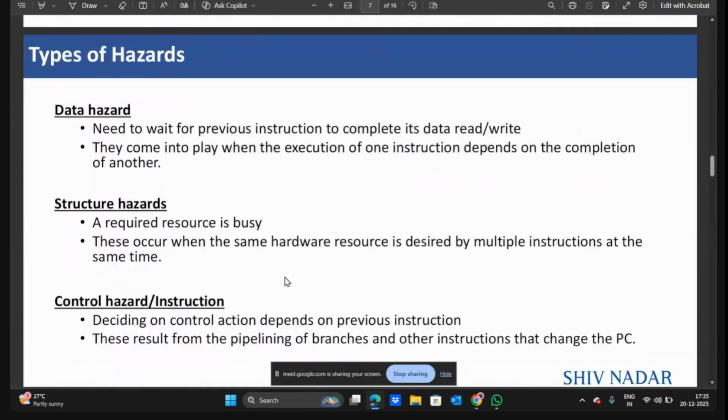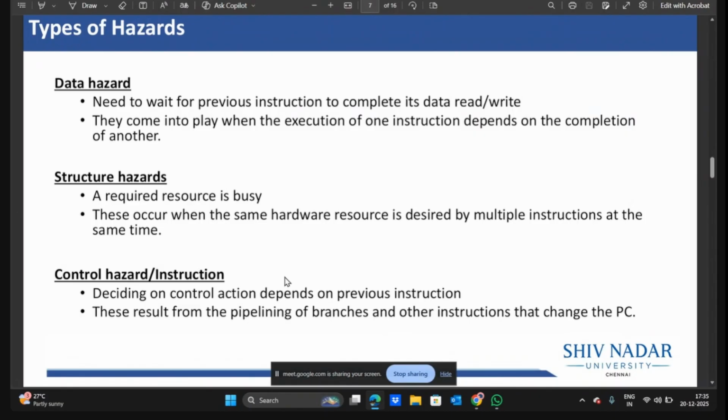So what is a data hazard? A data hazard is basically when you need to wait for the previous instruction to complete its data read or write. For example, take the basic addition. In the first line of code you've given, SI is SI plus 1. SI is some variable, or here in this reference you take it as a register. Each time you have to increment the register.